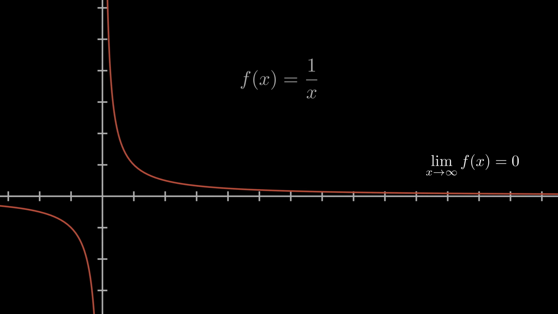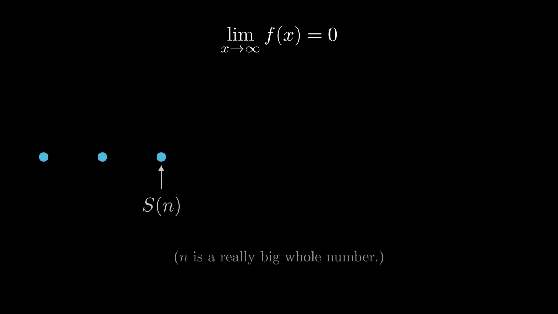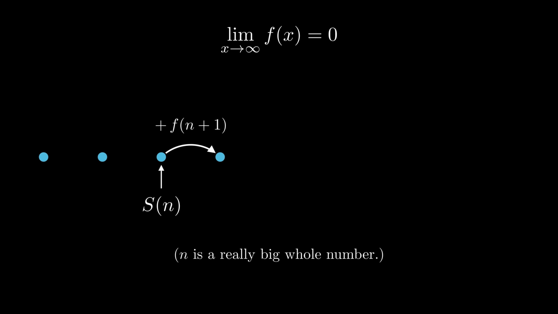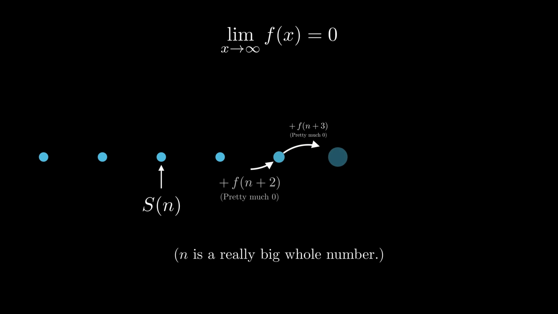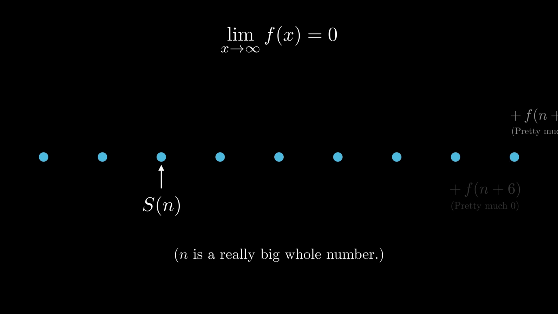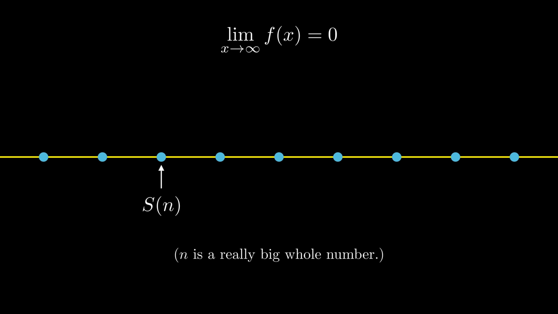So when we go really far to the right, taking s of some huge number, which I'm just calling n, the amount that we add to get the next point, f of n plus 1, is pretty much 0. And the same goes for all the following steps. So since we're adding pretty much 0 each time, the points all flatten out. In other words, s behaves like a horizontal line, or a constant over here. So it's natural to extend it with a horizontal line.